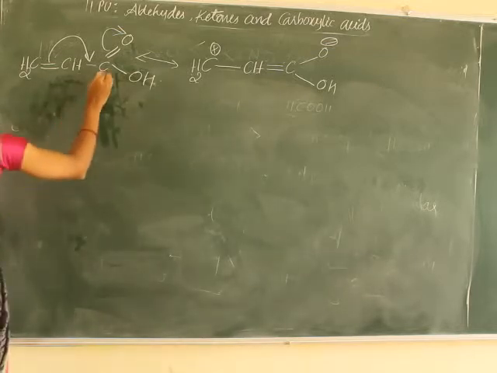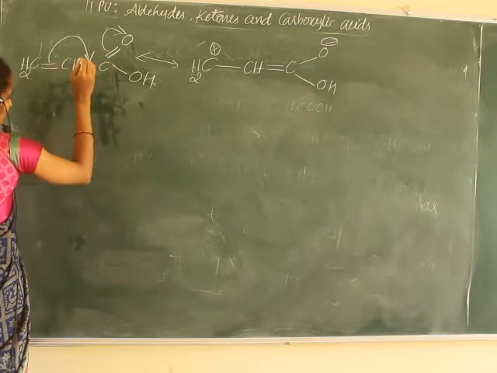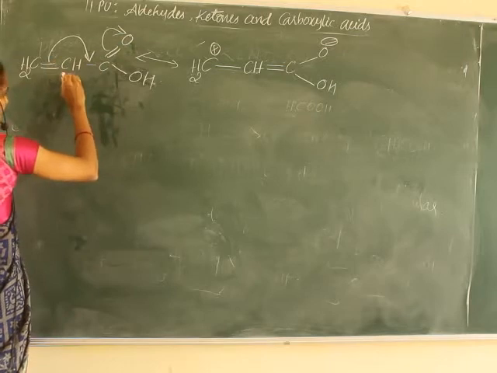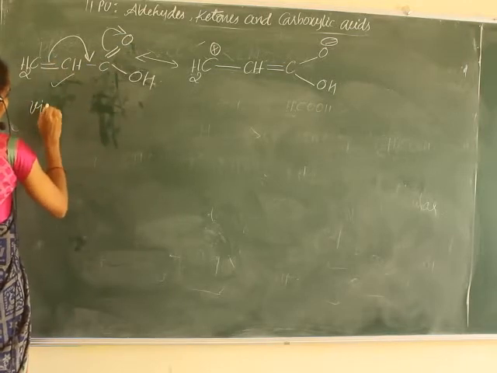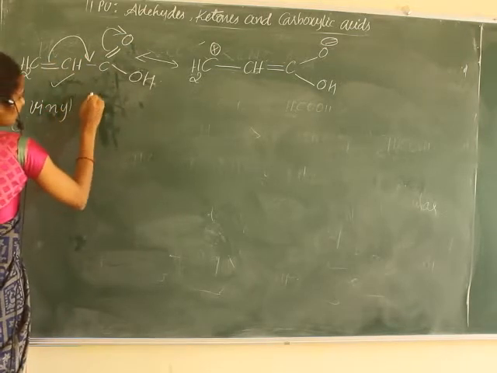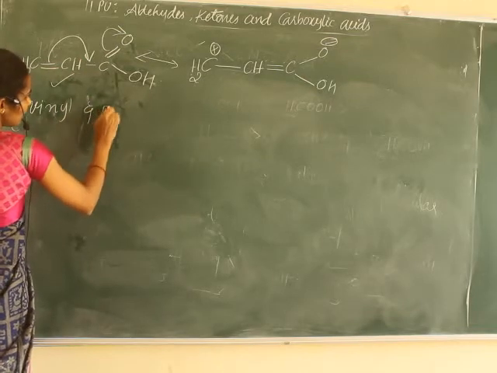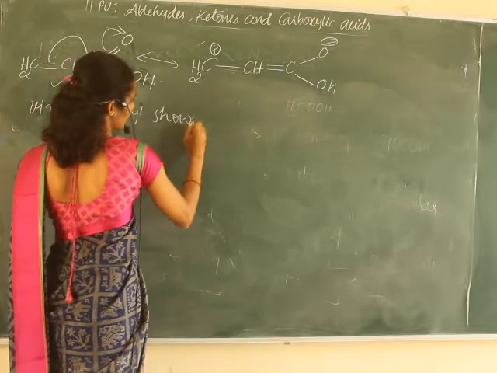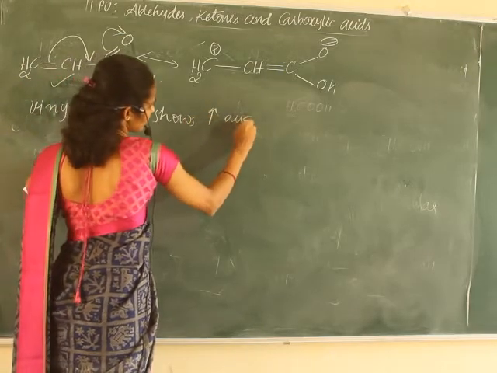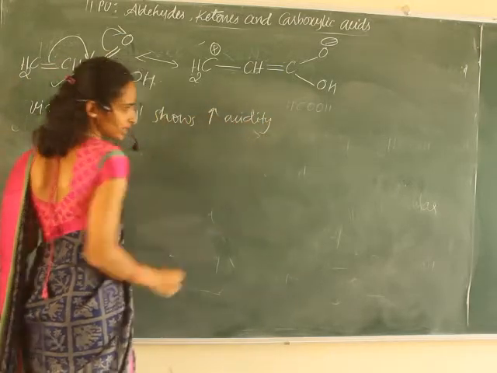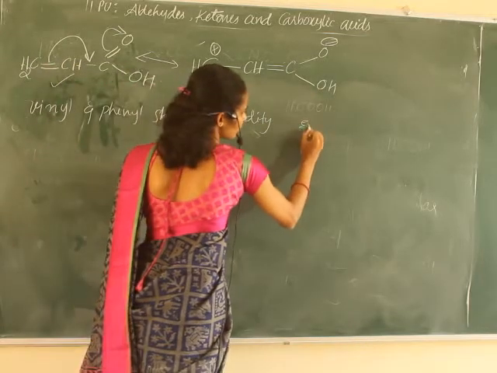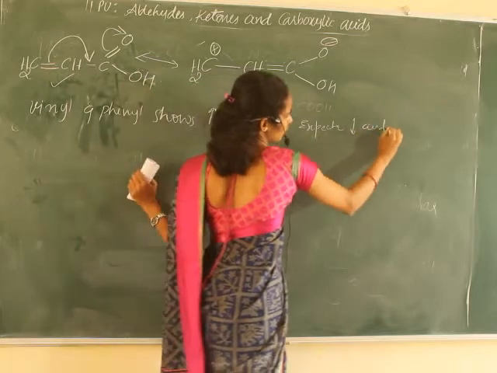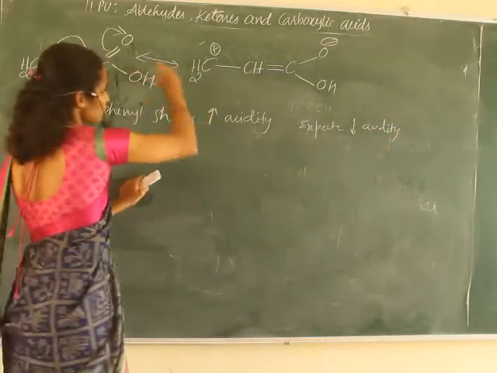Here the carbonyl group is directly attached to the sp2 hybridized carbon atom, hence the presence of vinyl and phenyl shows greater acidity. Okay, we expected a decrease in acidity due to this resonance.